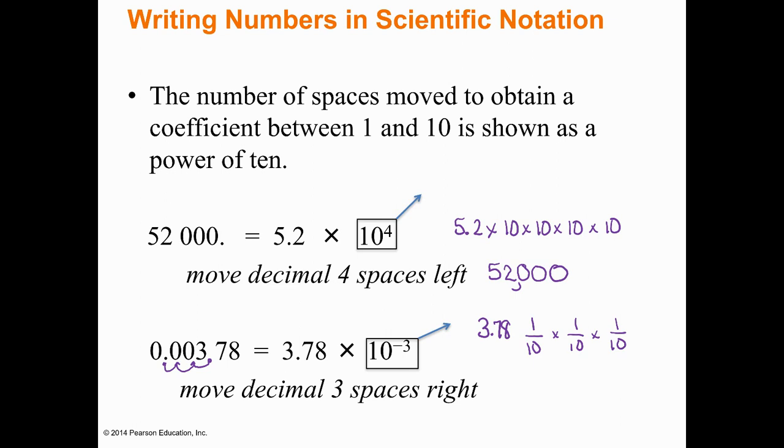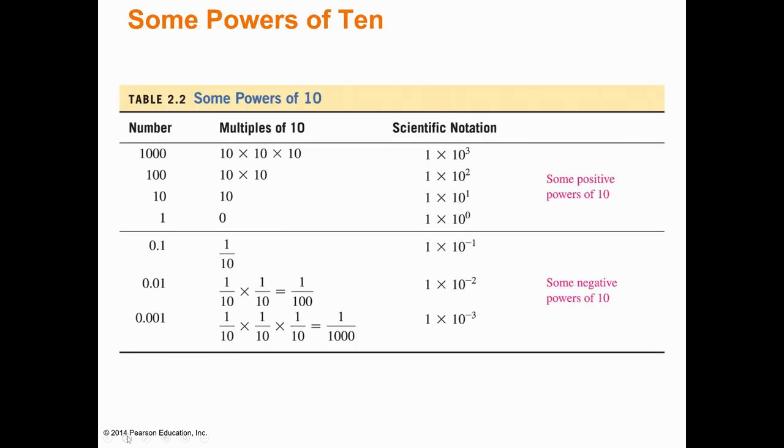So 3.78 times 10 to the negative 3 is the same as 0.00378. Okay, so when we have scientific notation with positive exponents, those are bigger numbers. And scientific notation with negative exponents means smaller than 1. Okay, small numbers.